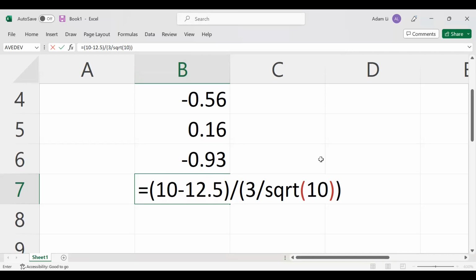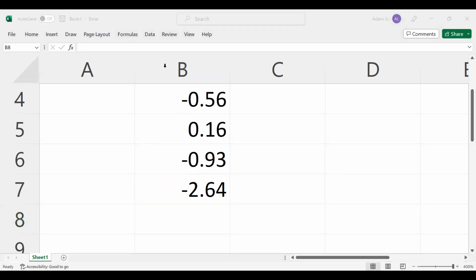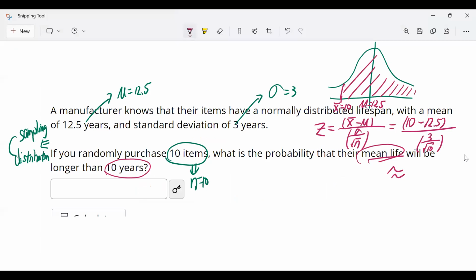Close it, and that will do it. Let's see what that is. So it's negative 2.64. That's the z-score. Negative 2.64.